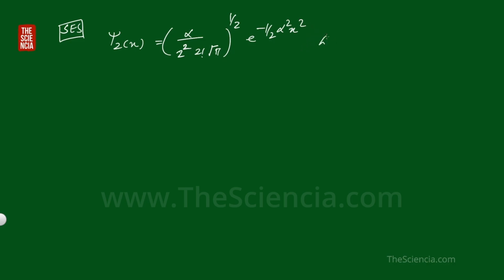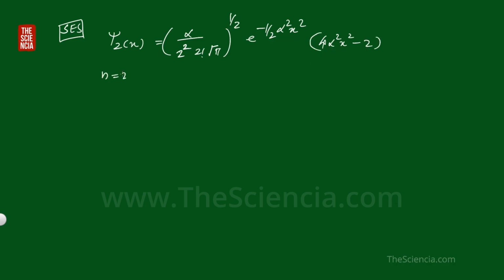Now the second excited state, that is psi 2 of x, is equal to (alpha by 2 raised to n, n factorial, that is 2 factorial, root pi) all raised to 1 by 2, e raised to minus half alpha square x square, into H2 of alpha x, that is 4 alpha square x square minus 2.